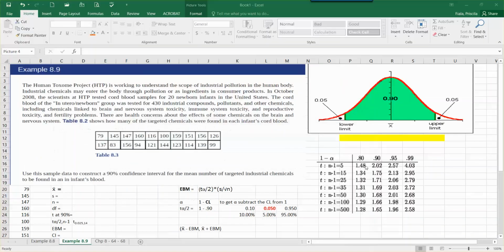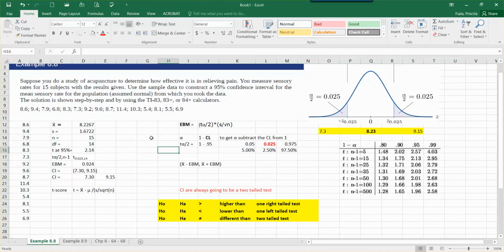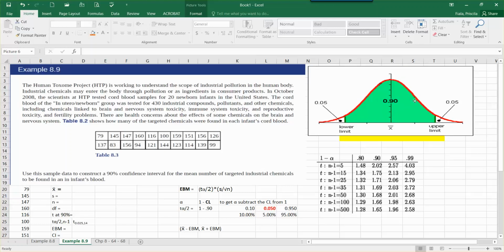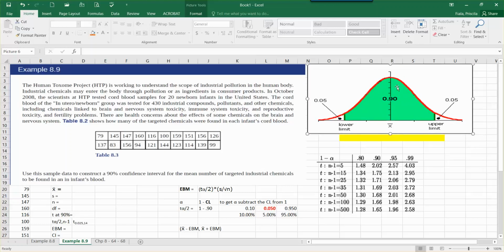So we're going to be using pretty much the same information and the same formulas that we used for example 8.8. Now the difference is you're being asked for a 90% confidence interval. So we're back to this curve where I put a 90% confidence interval.